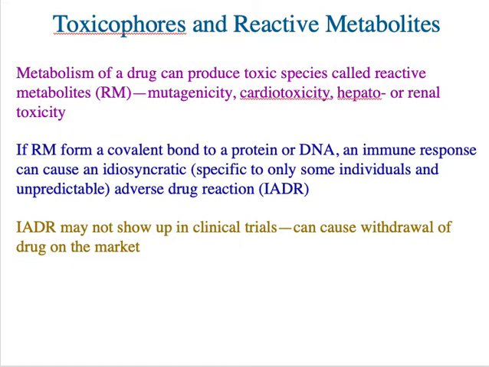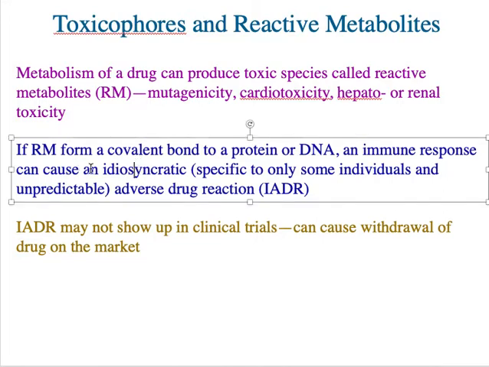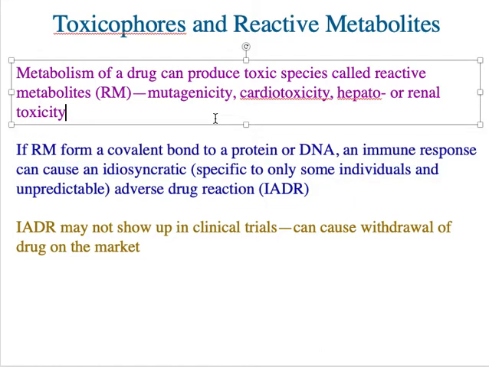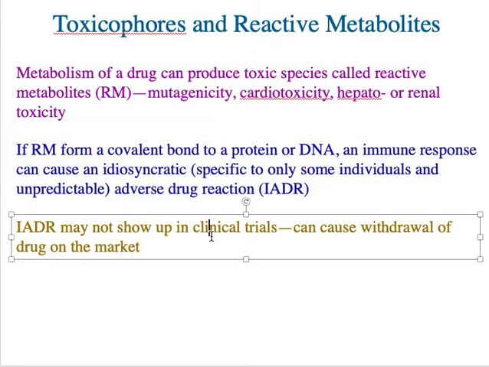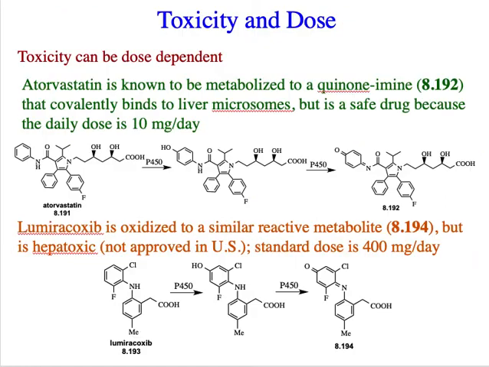And one of the other things that can happen is that these electrophilic compounds can cause adverse drug reactions that can be immune responses as well. If it's able to form this covalent conjugate, we don't know a ton about how this happens, but some people can form immune responses, and this is because we still don't understand a lot about how you form allergies to a chemical compound. We're still learning that.